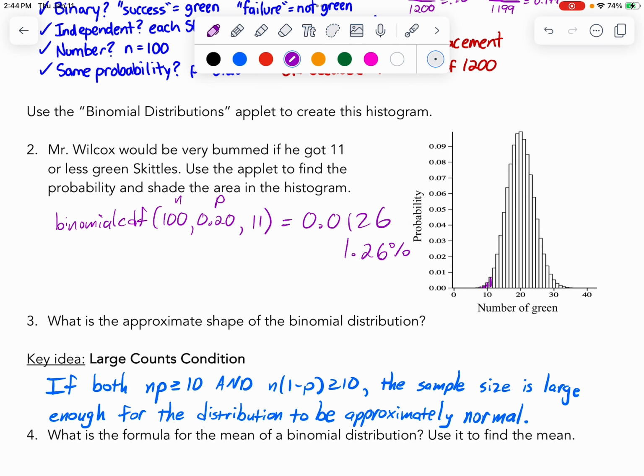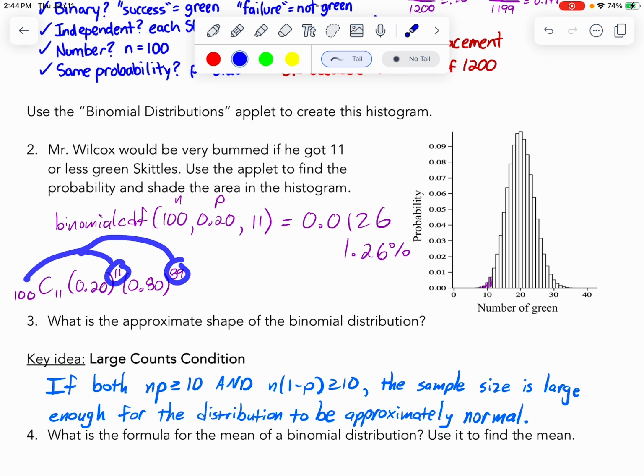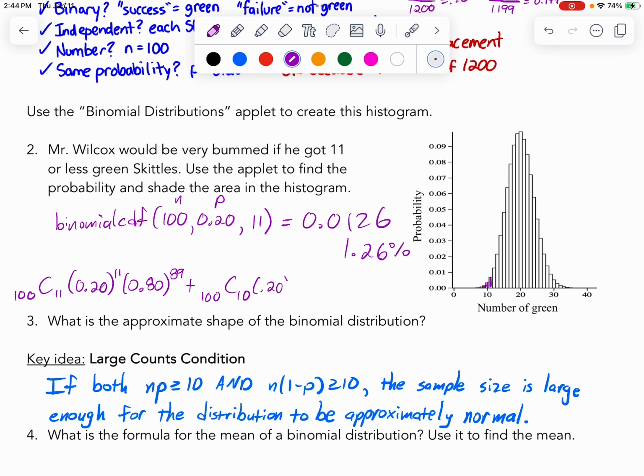To remind you to show your work, you would have 100 C 11 times 0.20 to the 11. The probability of failure is 80% of not getting a green, and that would have to happen 89 times, right? Because these two always sum to 100. Then I'm going to show one more. He would be unhappy if it was 11 or less, so now I'll go down to 10 green Skittles. 20% of them are green, that's P, right?